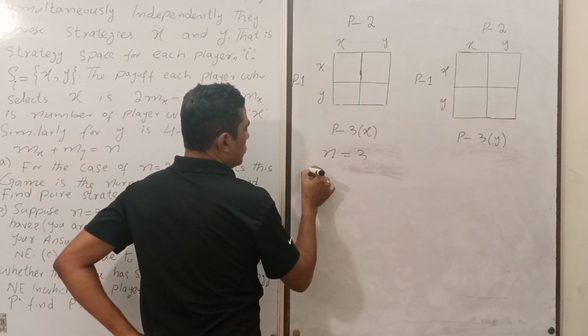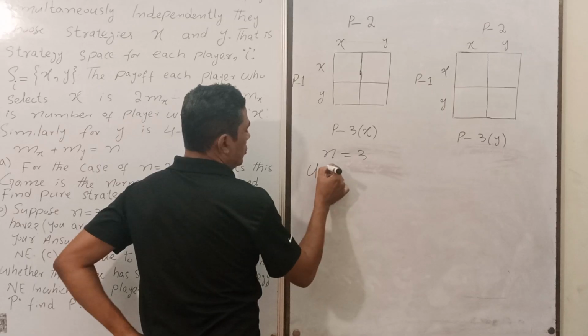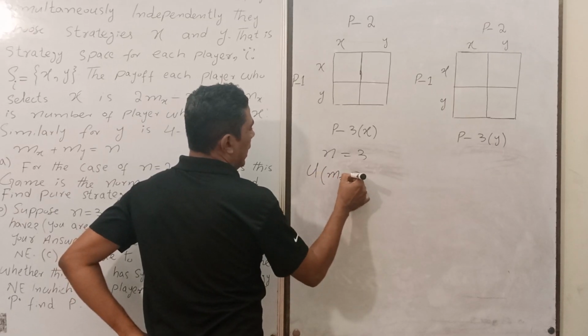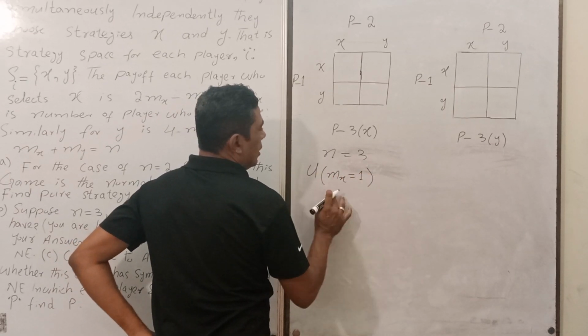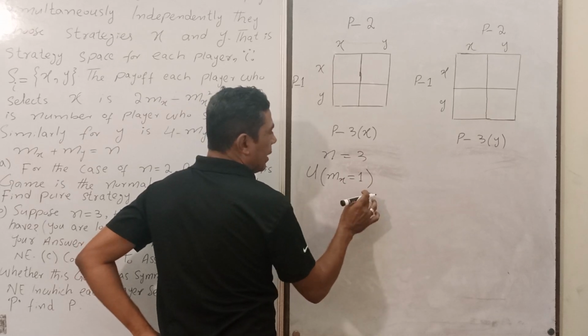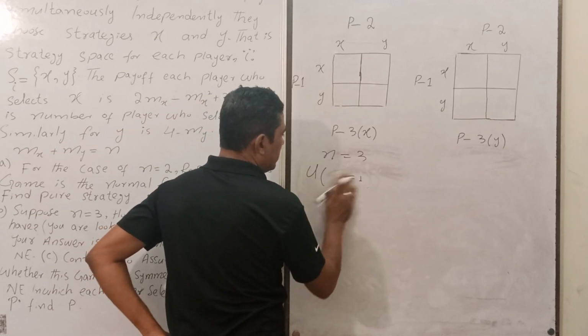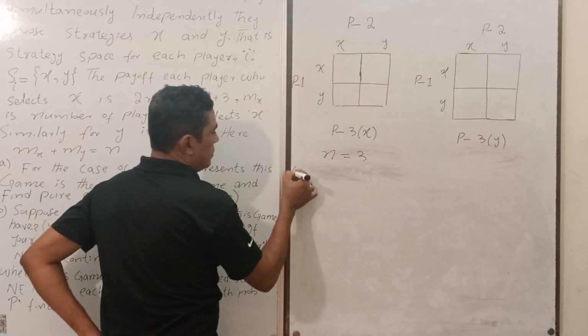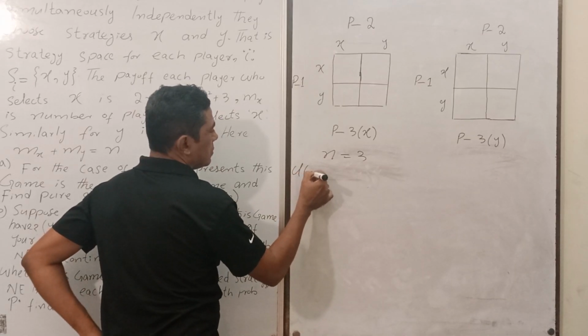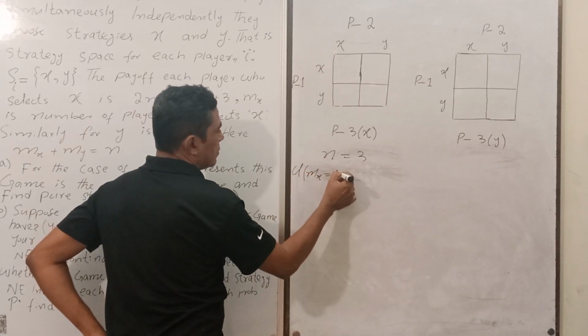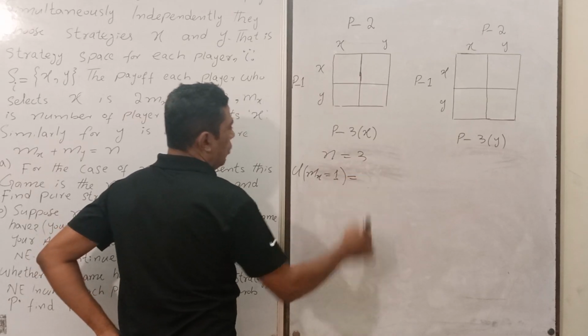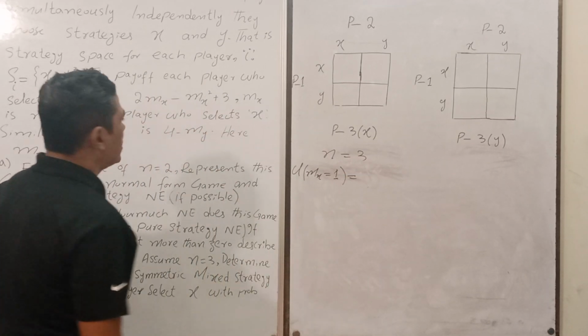So u of mx equal to 1 means one player plays strategy X. So what was the payoff?